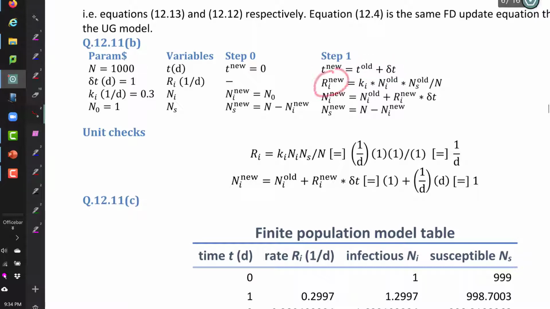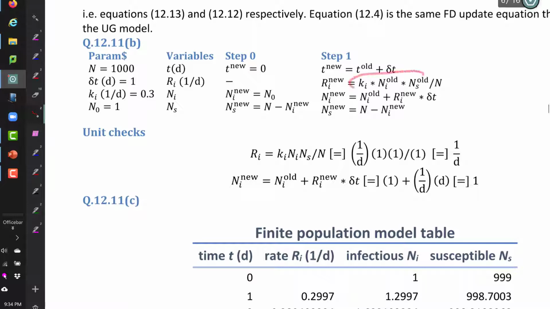In step 1, we have the new time is the old time plus the change in time. The new rate of infection is Ki times Ni old times Ns old divided by the total population, right? This thing is just the lowercase s that we talked about. And then the new number infected is the old number infected plus the infection rate, the one that we just calculated, times the time step, delta t. Alright, so this should seem fairly familiar from what we were talking about last time.